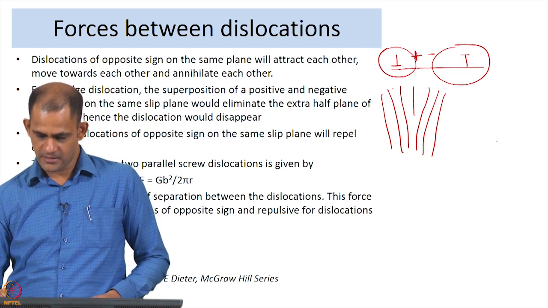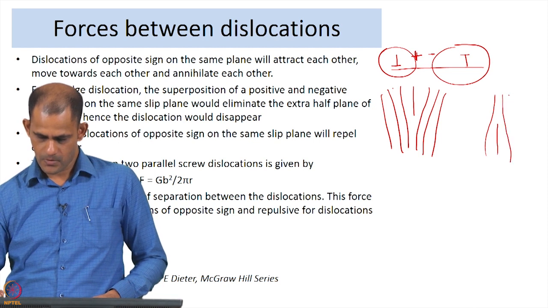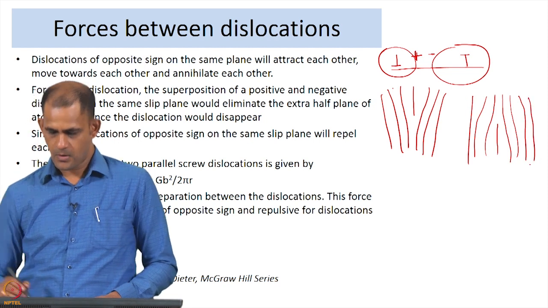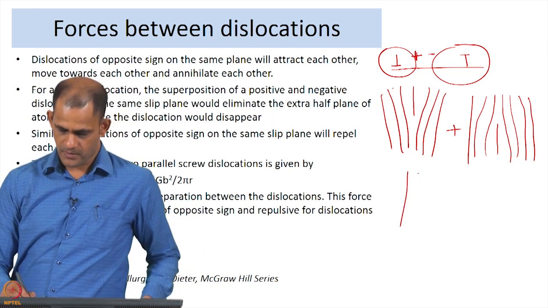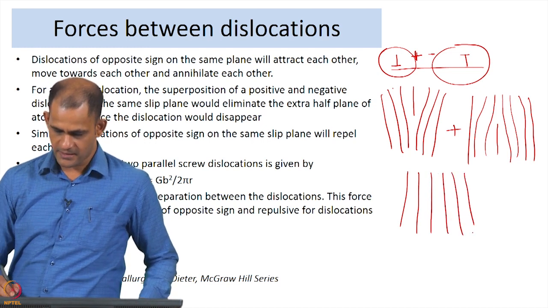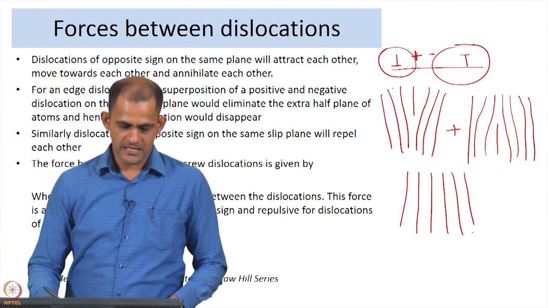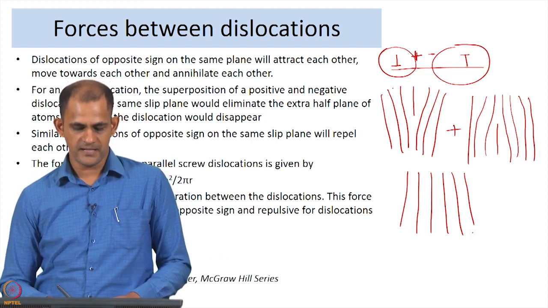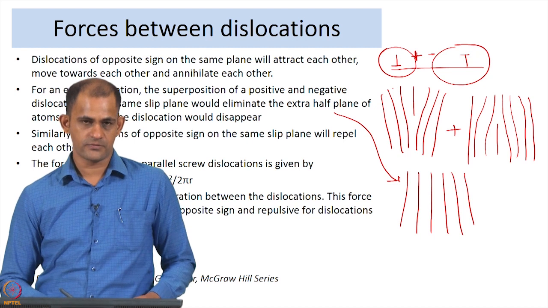So, if you have another dislocation of opposite type, then there will be attraction between these two dislocations, because that will help in removal of the disorder that was present within the material, and basically that helps in reducing the free energy of the system. So, for an edge dislocation, the superposition of a positive and negative dislocation on the same slip plane would eliminate the extra half plane of atoms. So, this is the elimination of an extra half plane of atoms, and hence the dislocation would disappear.